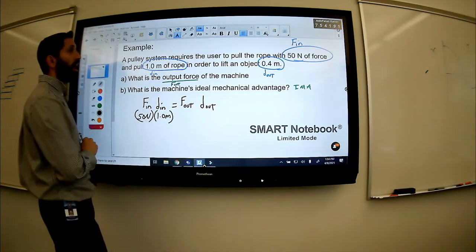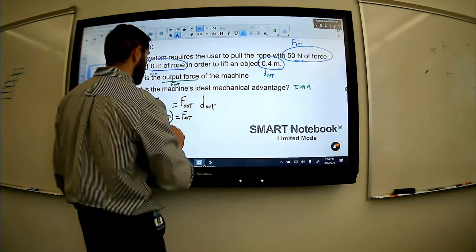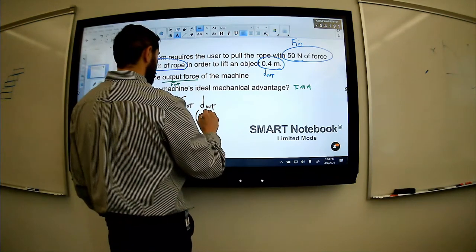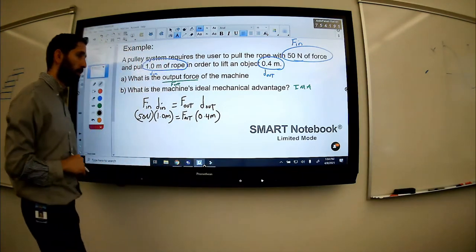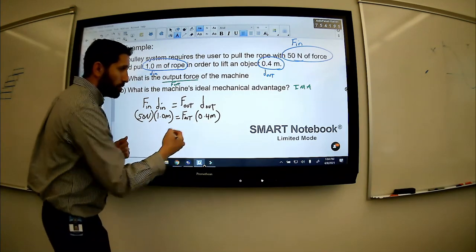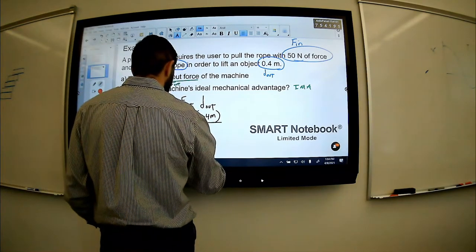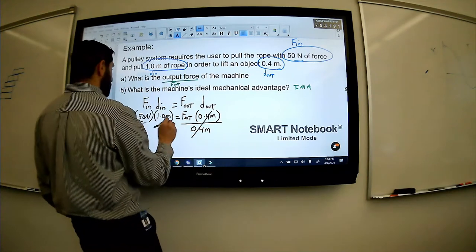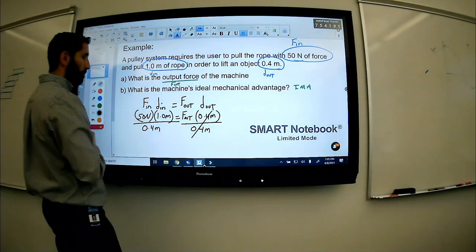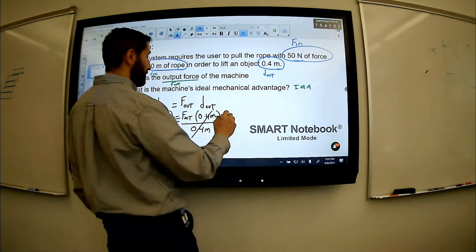F out, I don't know, so I'm just going to rewrite that, F out. And then D out is 0.4 meters. So I have 50 times 1 equals F times 0.4. I'm going to divide both sides by 0.4. And if I do 50 times 1 divided by 0.4, I get F out is 125 newtons.